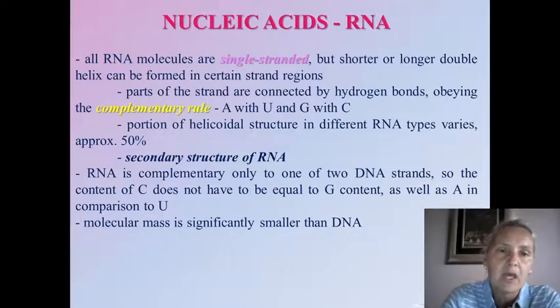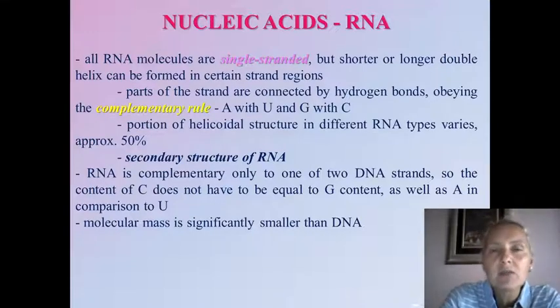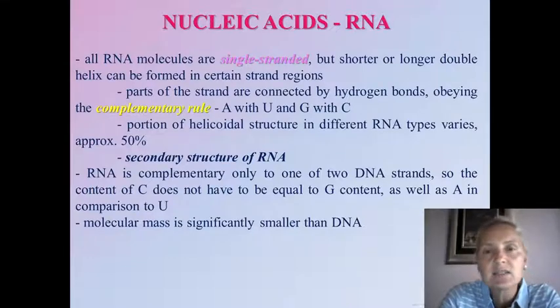Another important difference between DNA and RNA is that RNA molecules are single-stranded, but some shorter or longer double helixes can be formed in certain strand regions. The parts of the strands are connected or stabilized by the formation of hydrogen bonds, again following the base pairing rule that we have already explained.